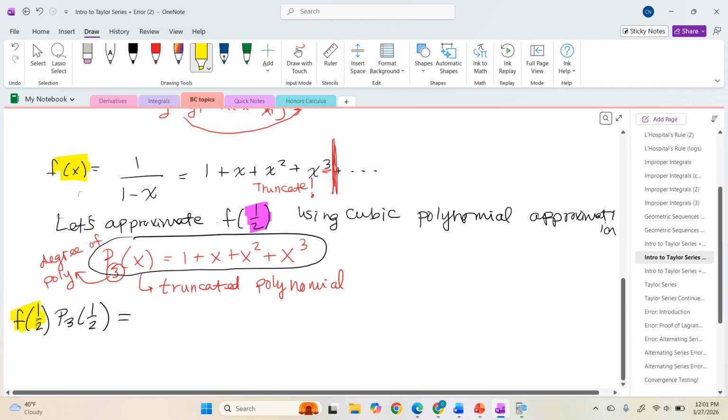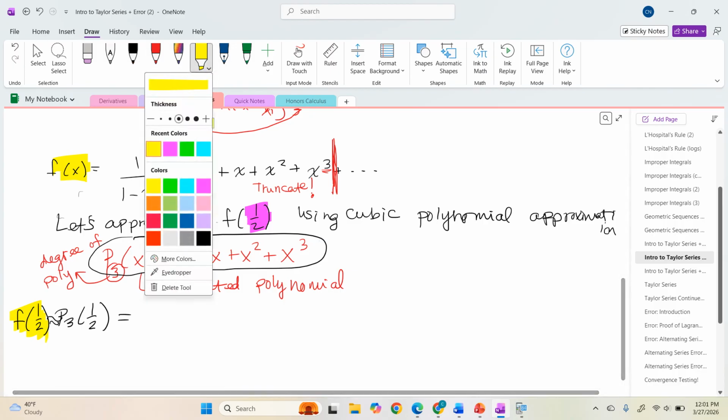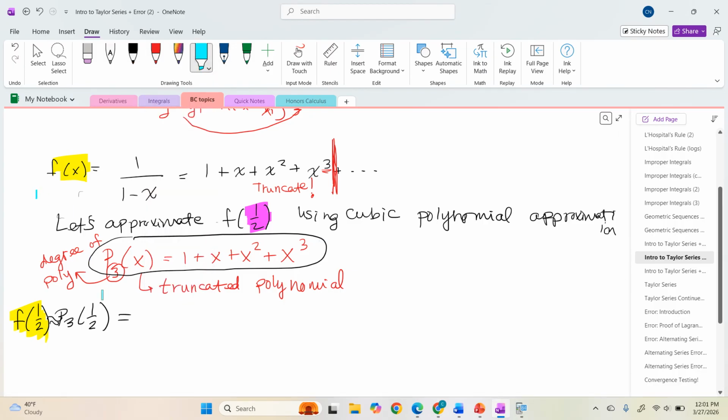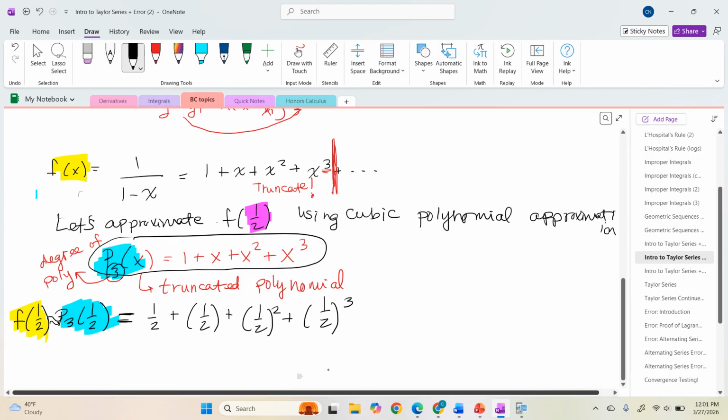So our function value is approximately equal. You have to be careful on your equals and approximately equals. You don't want to mix those up. It is approximately equal to our polynomial value at 1/2, and our polynomial value, P sub 3, is equal to the following: 1 plus x plus x squared plus x cubed. And I'm going to stop there.